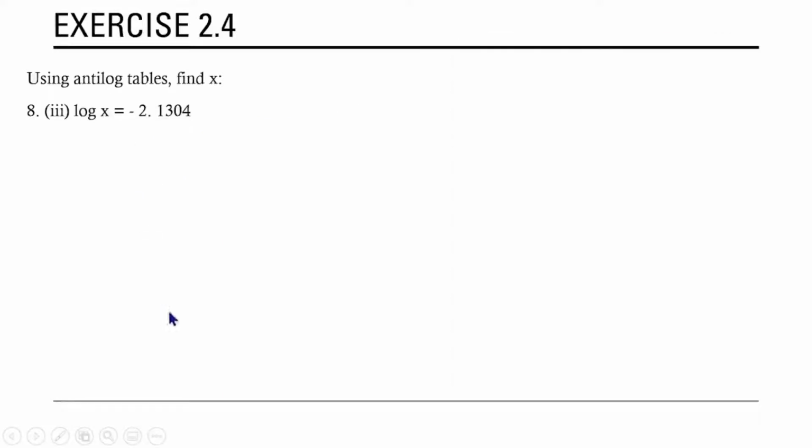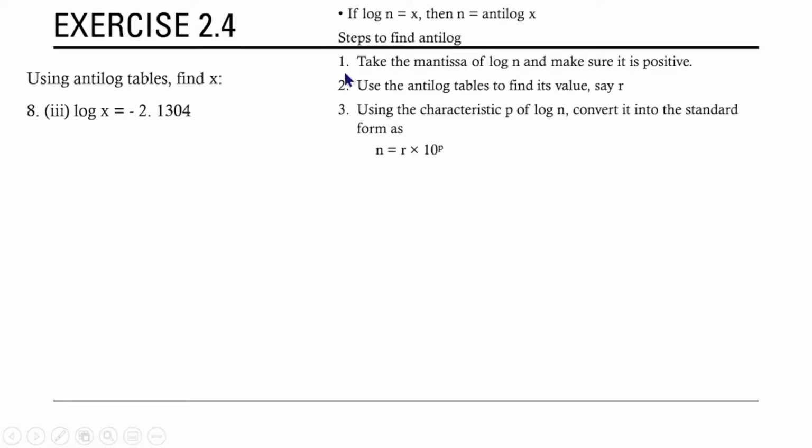Now coming to the next question, log x is equal to minus 2.1304. Here it is given minus 2.1304, which means this is minus 2 minus 0.1304. So let us recall the steps. The first step is to take the mantissa of log n and make sure it is positive. Here the mantissa part is not positive, since this is equal to minus 2 minus 0.1304.